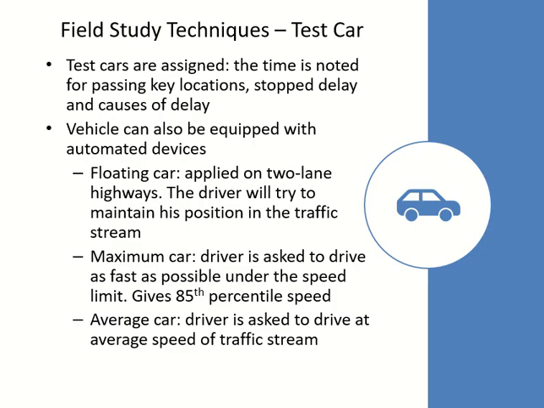So you have floating car for average speed on two-lane highways, maximum car for maximum speed on multi-lane highways, and average car for average speed on multi-lane highways. In each case the instructions to the drivers change, but the setup remains the same: a car with a driver and an observer inside.